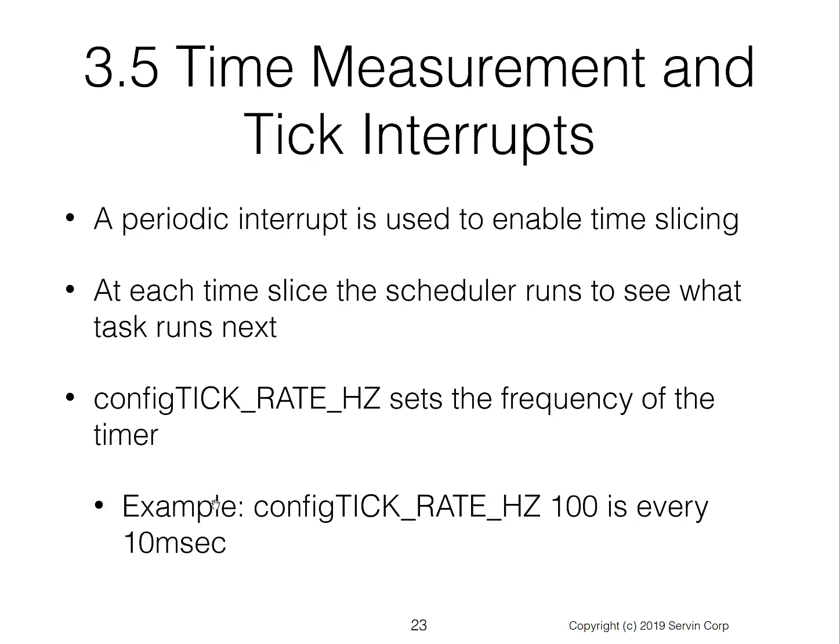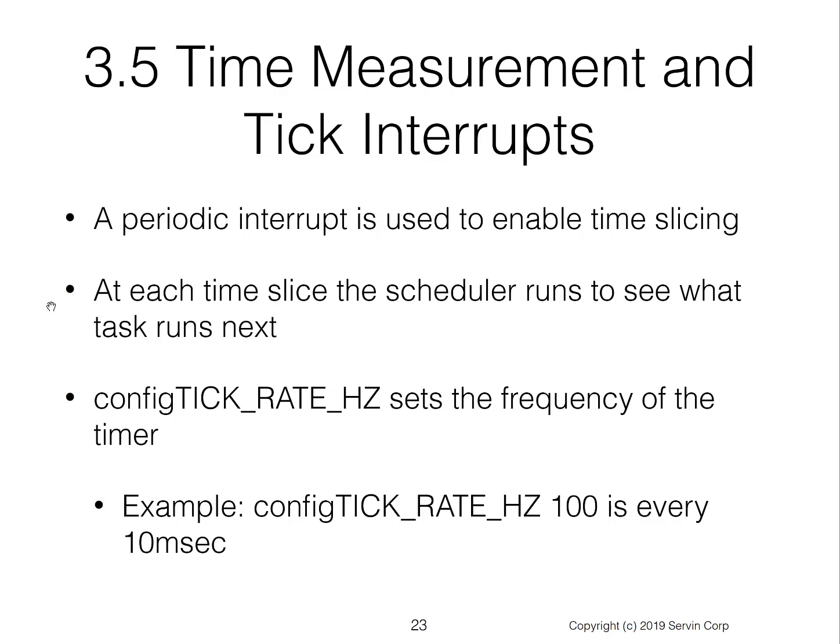Let's talk a little bit about tick time measurement and tick interrupts. The way this works is there's a periodic interrupt that's used, and it enables what's called time slicing. That is, the periodic interrupt tells the system when it's time to look and see if another task should be running.